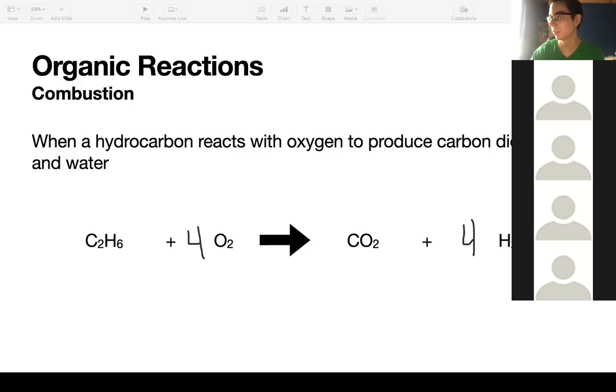Yes, 4 O2, 2 CO2, and 4 H2O, that's it. Right. What do you guys think? Do you agree? Yes. No, isn't there 6 H's on one side and then there's 8 on the other side? So right here we have 6 hydrogens, whereas on this side, our hydrogens add up to 8. So our hydrogens are not balanced.